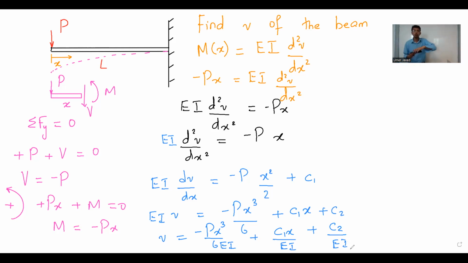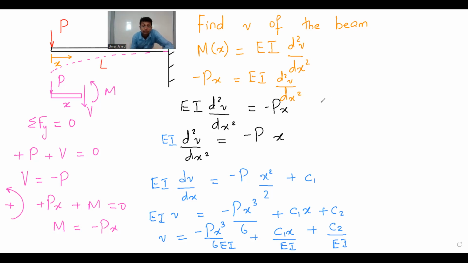Okay, what was the question? You wanted to find the deflection of the beam, right? So my biggest question for all of you is, what are the C1 and C2? Anyone? C1 and C2? Okay, so V is a function of X, right?